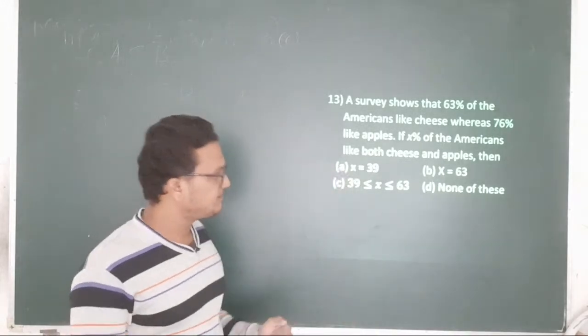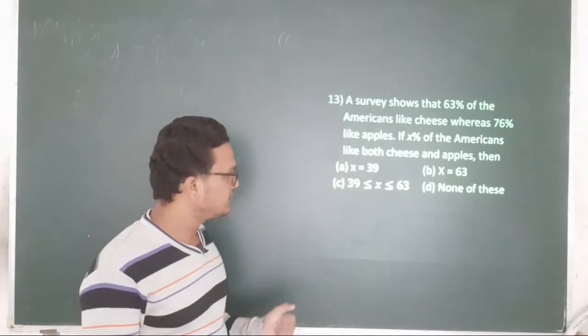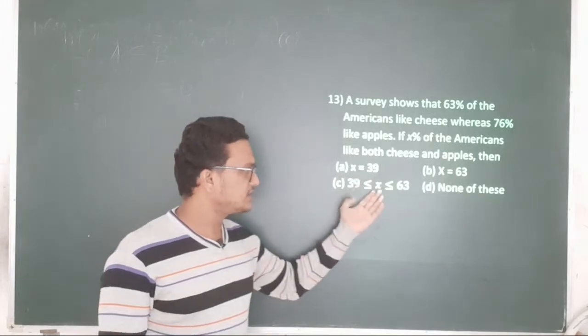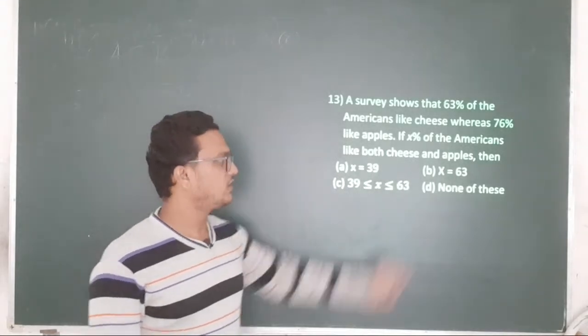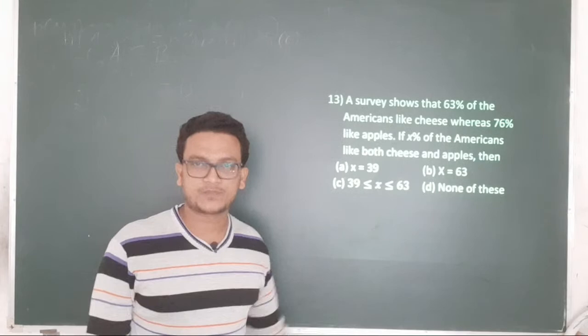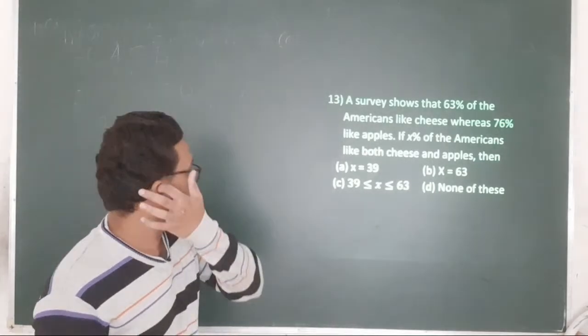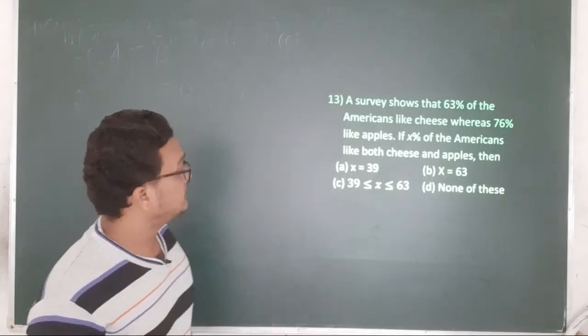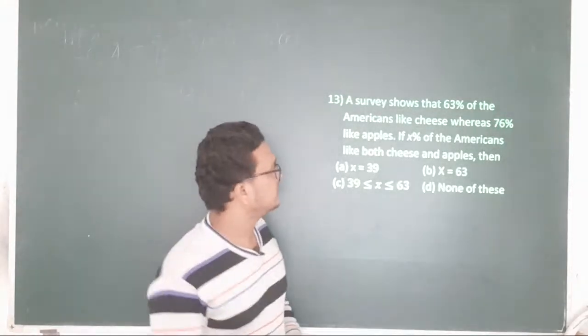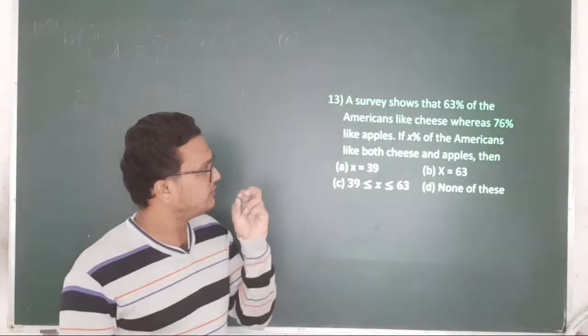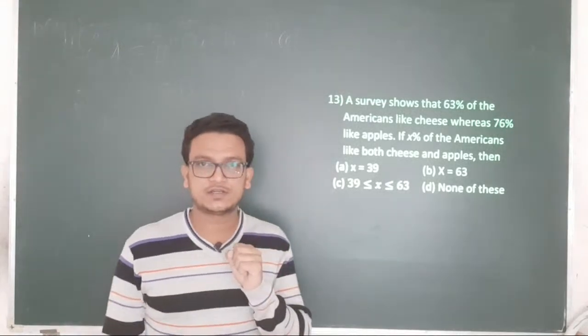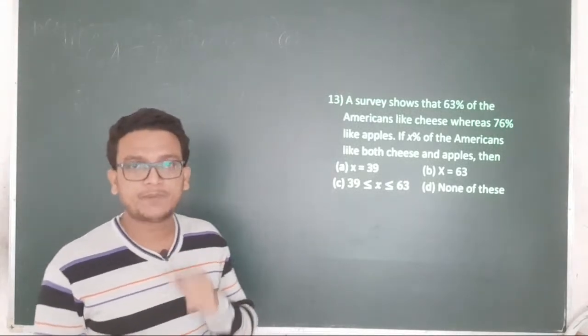Option A is X is 39, B is X is 63, C is 39 is less than or equal to X, less than or equal to 63, or D is none of the above. So that you have to check now. The survey shows the number of people in percentage.